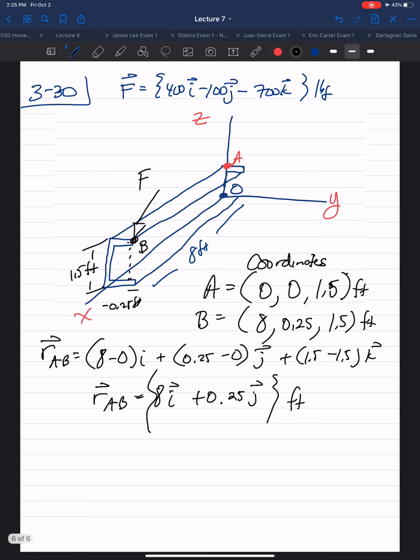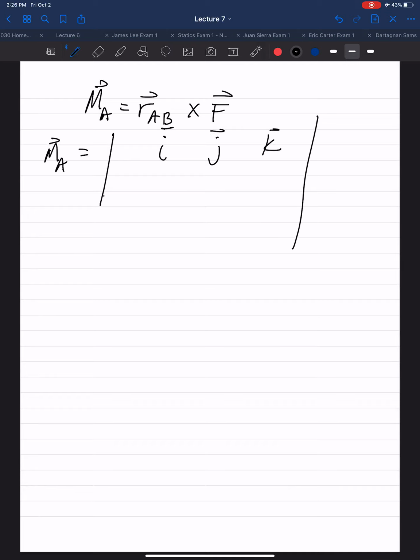And our moment about point A, let's go to a fresh page, will be vector r_AB cross F. Once again, using our matrices determinant method, i, j, k, r_AB is given as 8i, 0.25j, 0k.